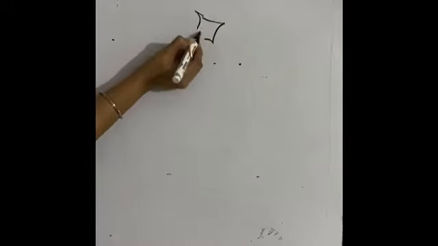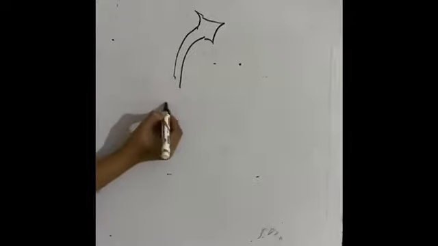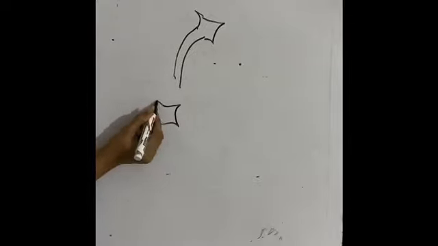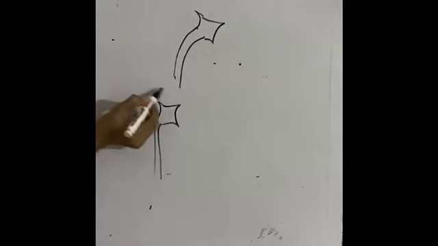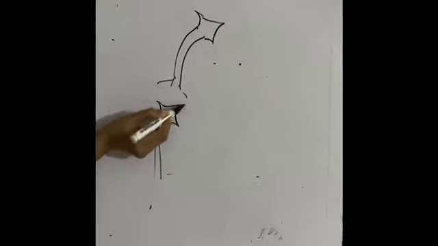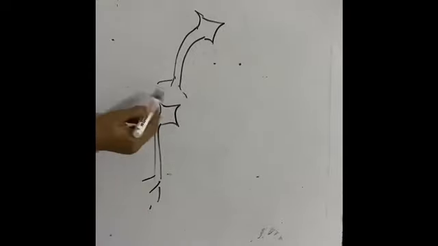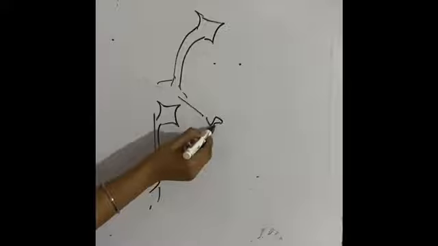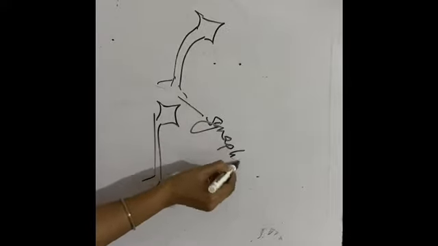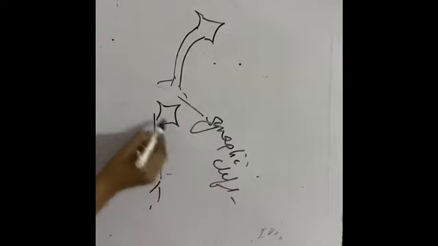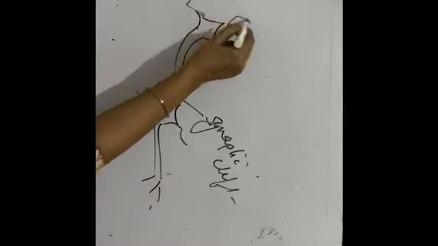So if this is your one neuron, it is not joined by another neuron. There is some space in between them, and this space is known as synaptic cleft. These are the dendrites. One neuron never joins another neuron. There is always a space between them, and that space is known as synaptic cleft.